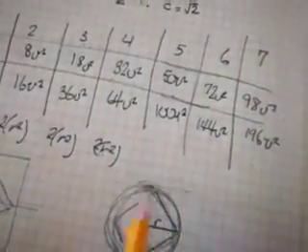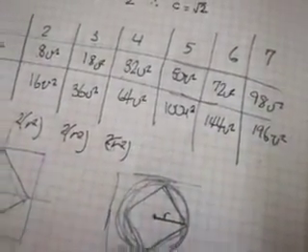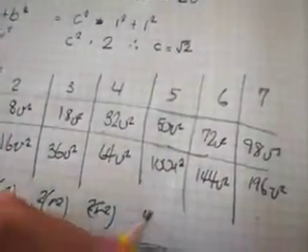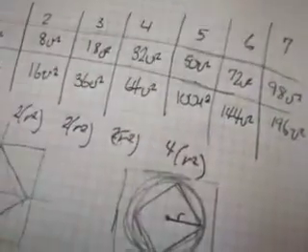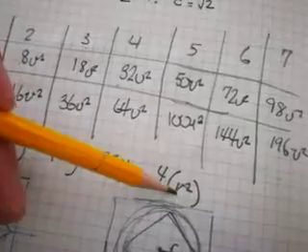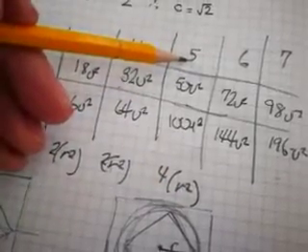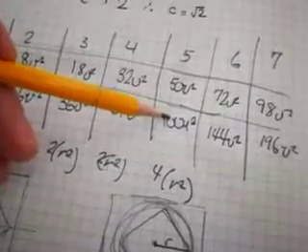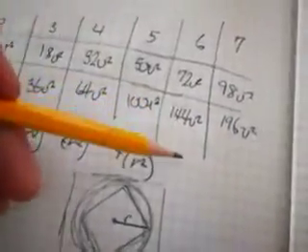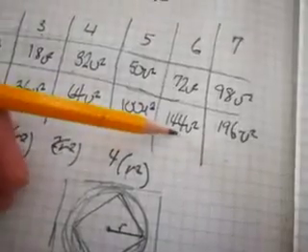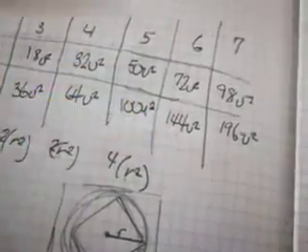If I drew a square around the outside, then this is double, so it would be 4 times the radius squared. For example, the radius is 5, radius squared is 25, times 4 is 100. Here, 6 squared is 36, times 4 is 144, and so forth.